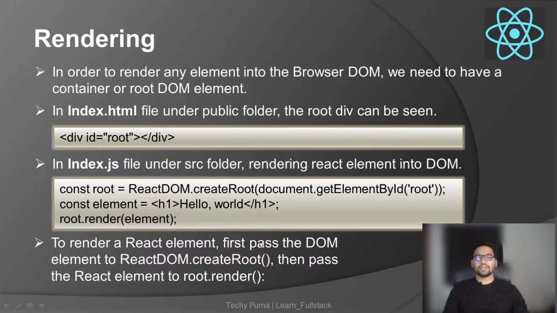To render the React element, first pass the DOM element into ReactDOM.createRoot, so basically it will create a root. Then pass the React element into root.render. This is the element, const element equal to h1 hello world, and in root.render we are passing that element. In that case, we can see the hello world in the h1 tag.